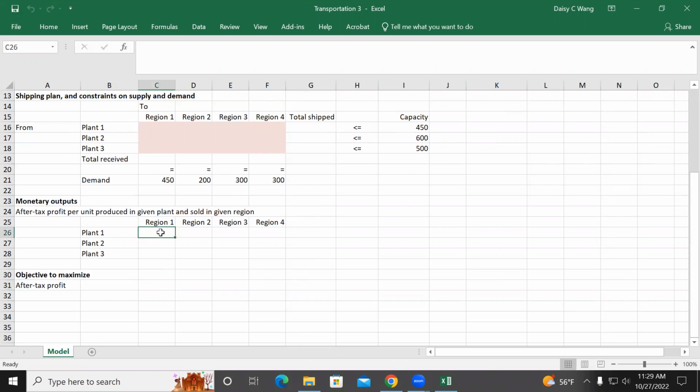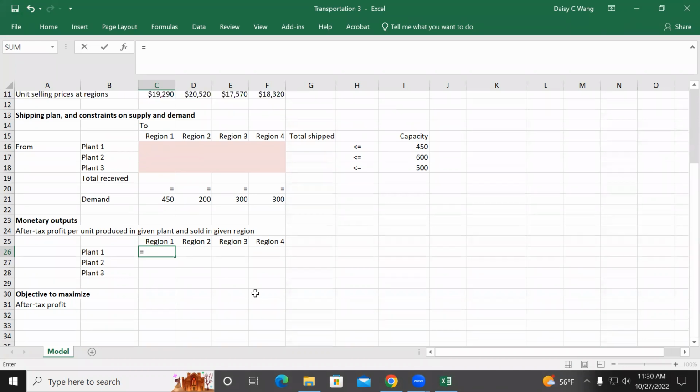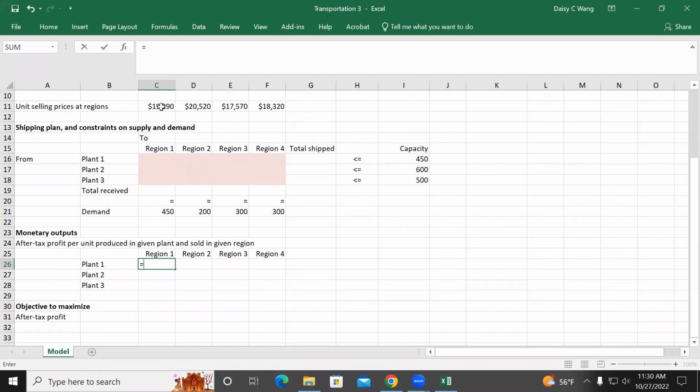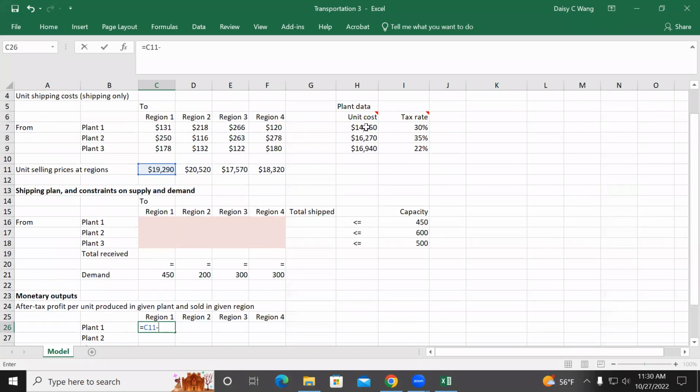This will be the after-tax profit produced in plan 1, shipped to region 1. It will be equal to the selling price minus the cost from plan 1.